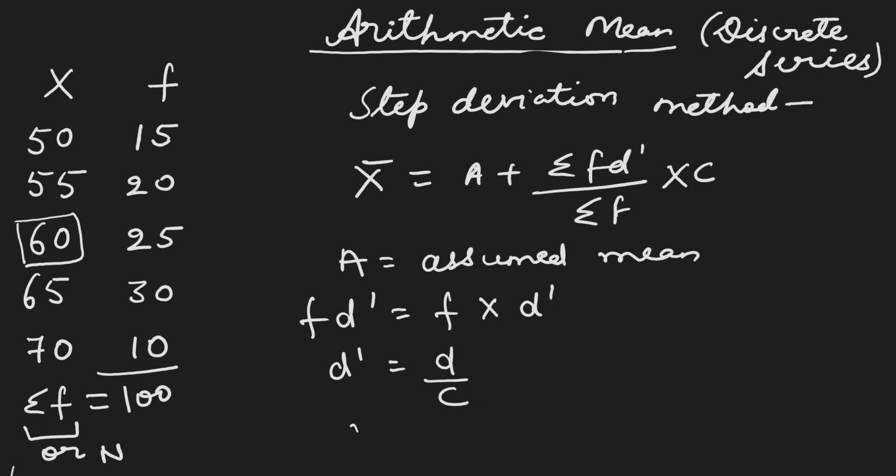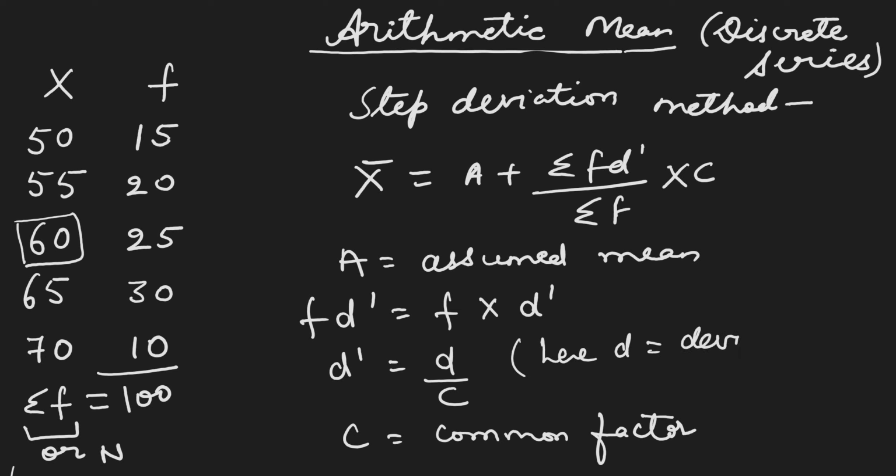C means common factor, and here d is the deviation from the assumed mean.